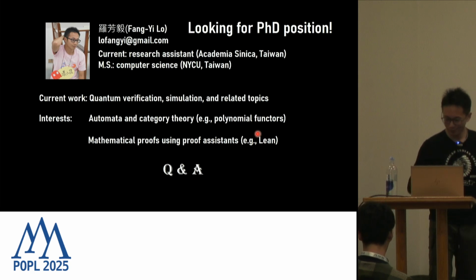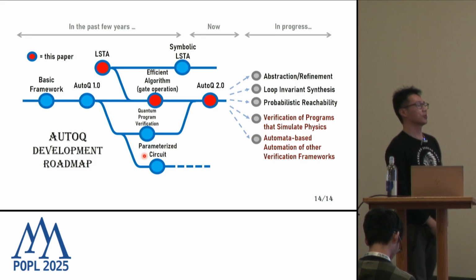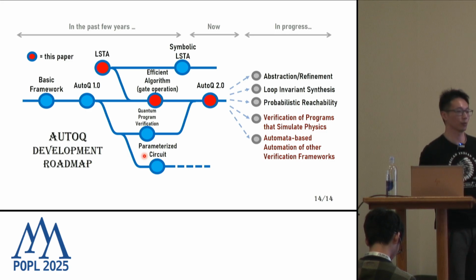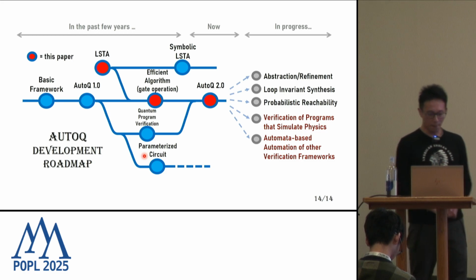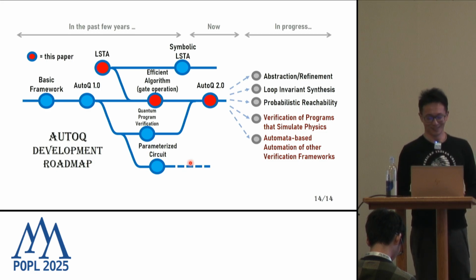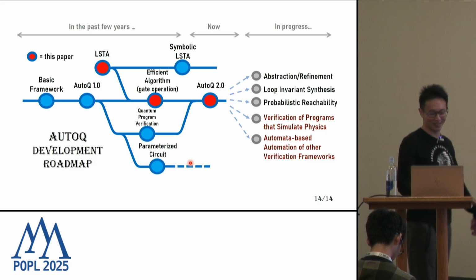Actually, here we do try to use tree automata to construct parameterized circuits, so we can verify the circuit for n qubits and for natural numbers, but it's also an ongoing project.